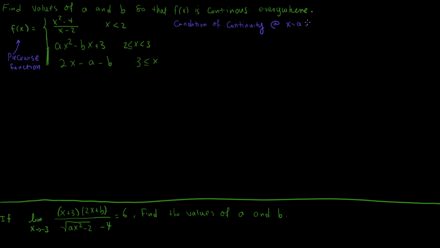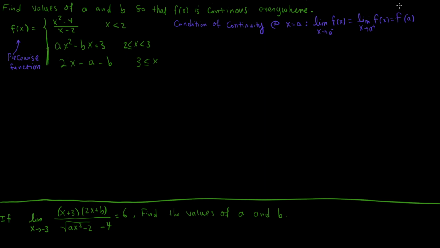Well, for continuity to actually happen, the limit of your function as x approaches a from the left side should be equal to the limit of f of x as x approaches a from the right side, and this needs to be equal to the value of the function at point a. So if this holds, then your function is continuous at x equal a.